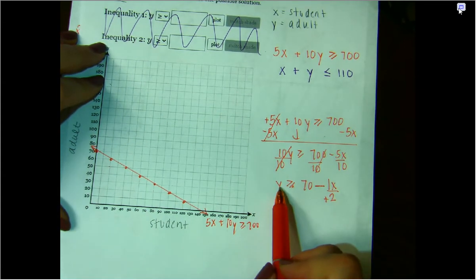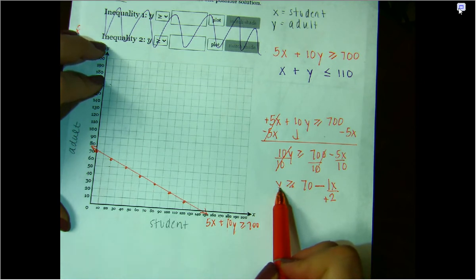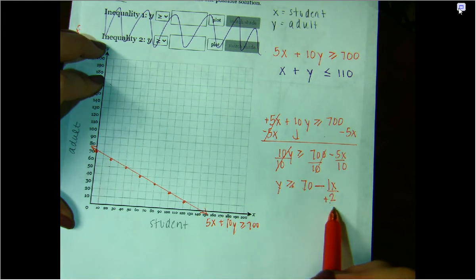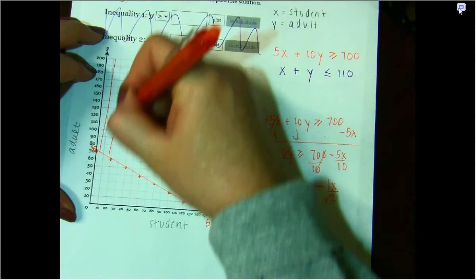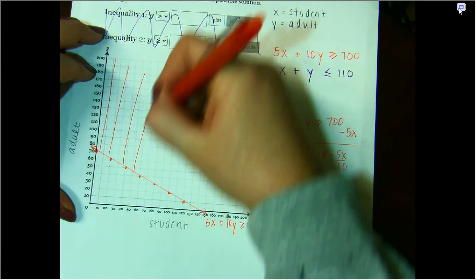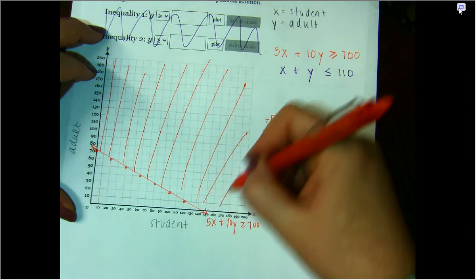So this one says y is greater than or equal to 70 minus 1 over 2x, right? So greater than means it's all of this stuff up here, because all of this is greater than that line.